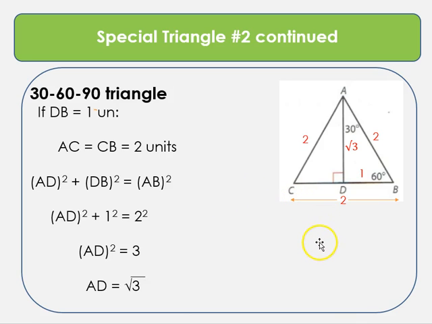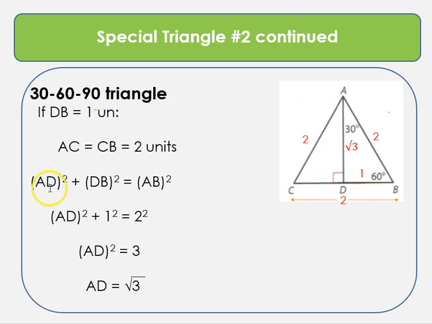In this instance, we'll have a different ratio than the 45, 45, 90. If this segment DB, which is half of the base of the triangle, equals 1 unit, we already know that AC equals CB, and they are 2 times the short leg of the right triangle.